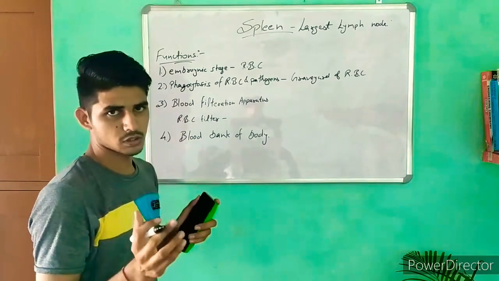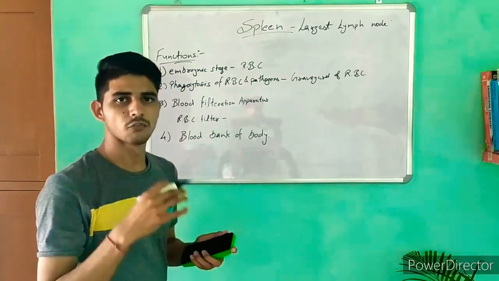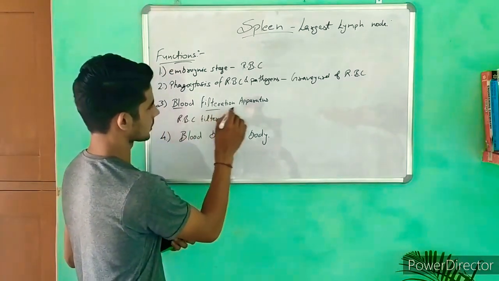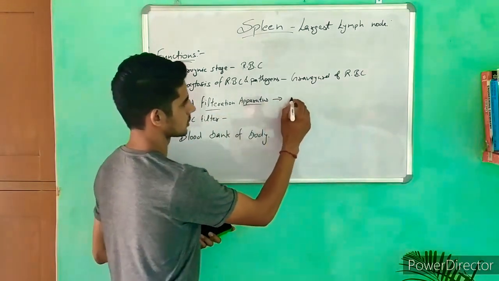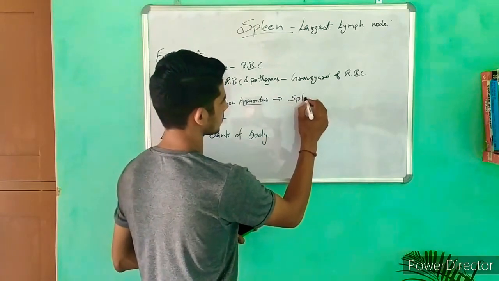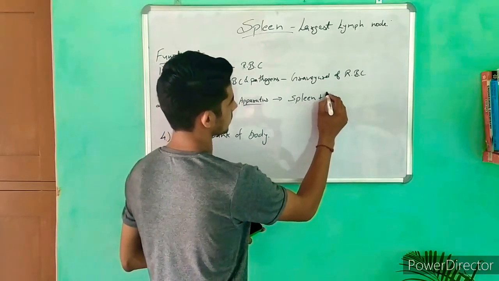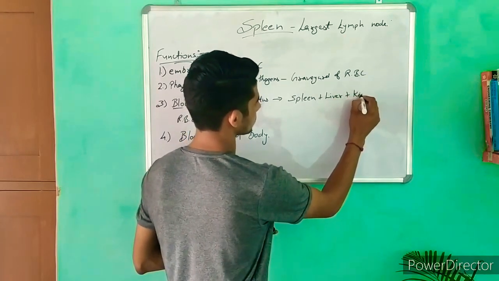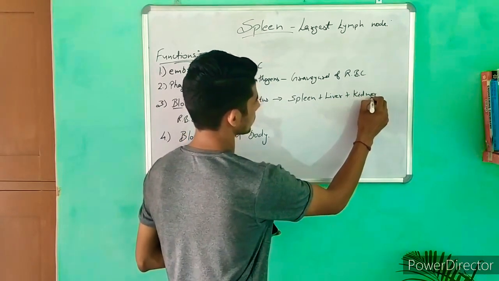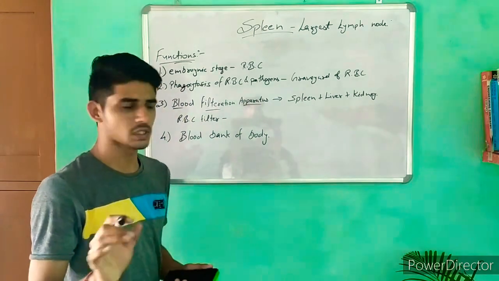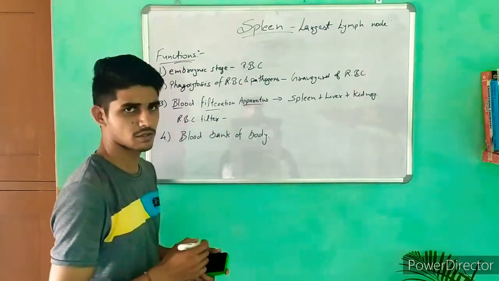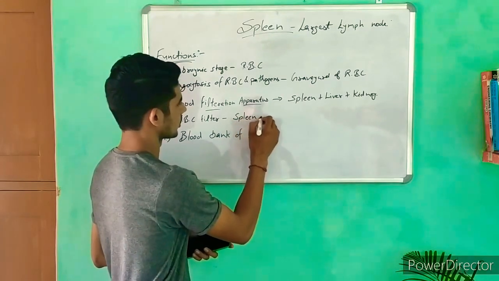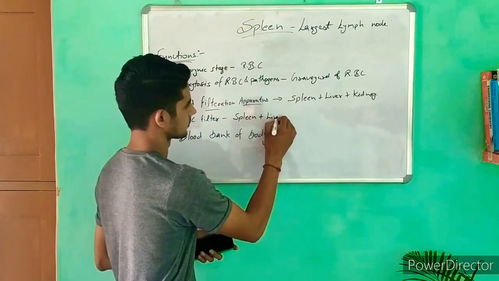And the third function is it is a filtration apparatus. Blood filtration apparatus consists of spleen plus liver plus kidney, whereas RBC filtration apparatus consists of spleen plus liver.